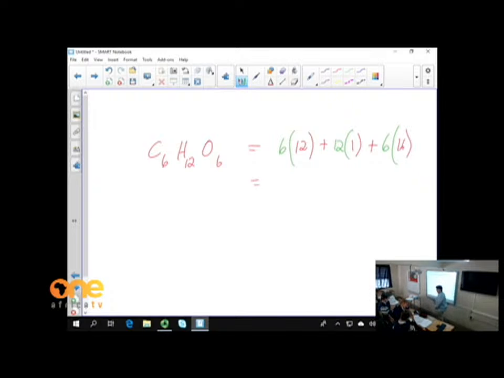Did any of you work it out? That one. 180 for the relative molecular mass.